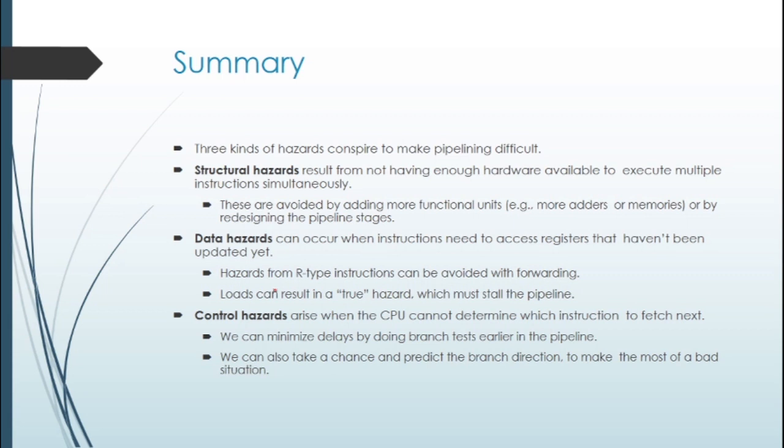So this is a summary of the three kinds of hazards that we studied. Structure hazards are where there is not enough hardware available, like having a single memory or a single ALU, so that won't work. We will need more hardware, or we have to change the whole pipeline process according to that specific hardware.